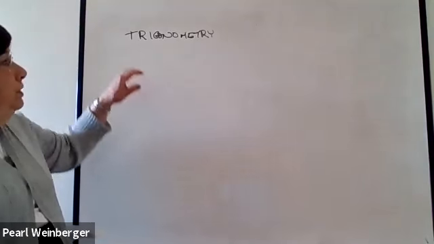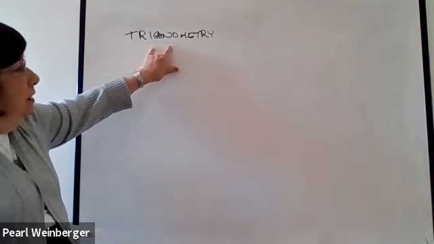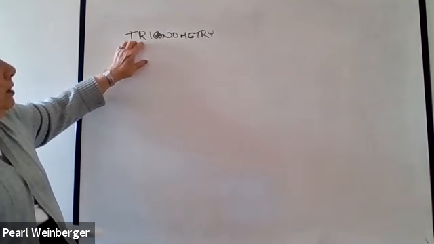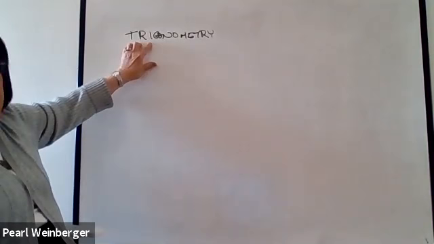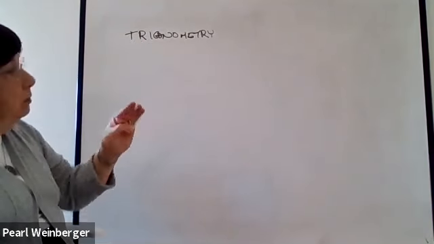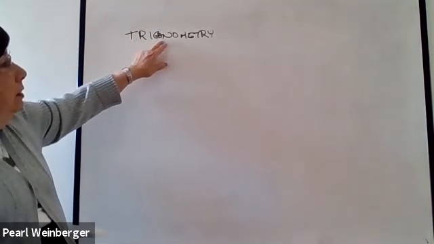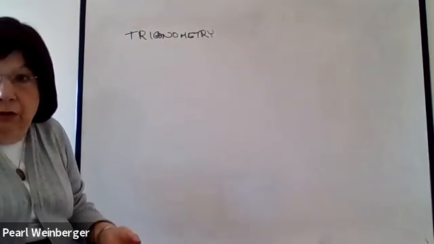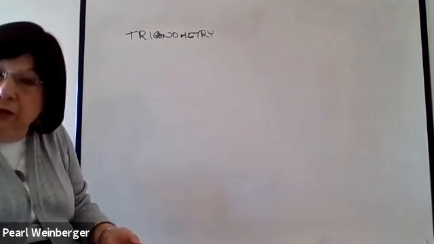The word trigonometry sort of tells us what we're going to be studying. The prefix is tri. Tri means something. It has three things. Metry comes from the word meter or measurement.